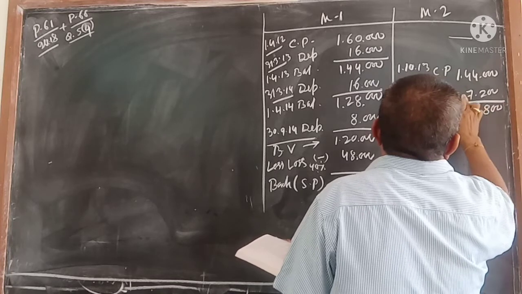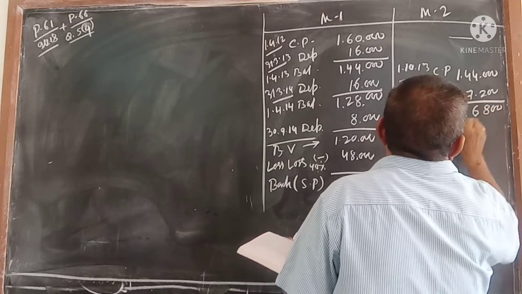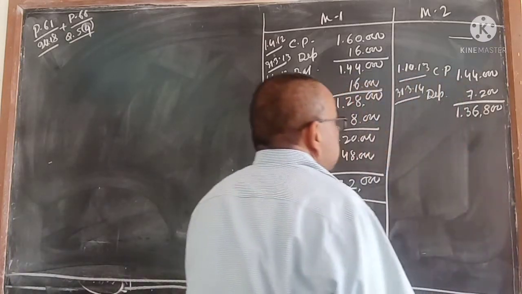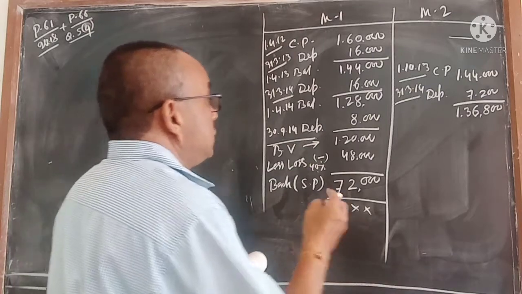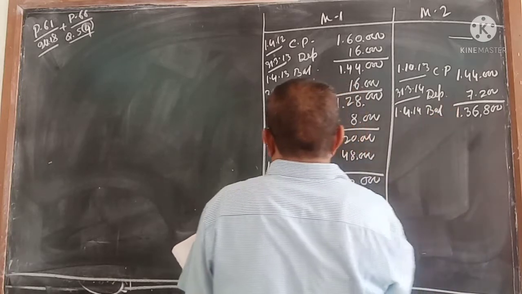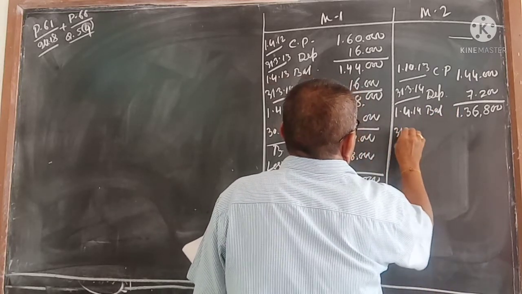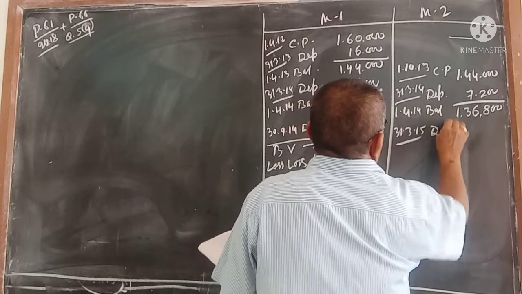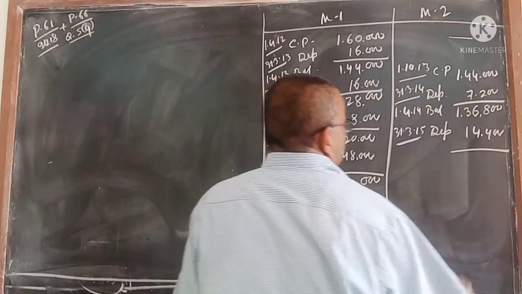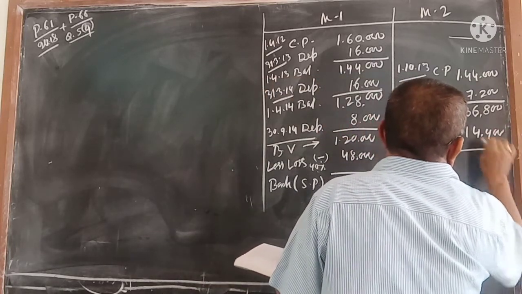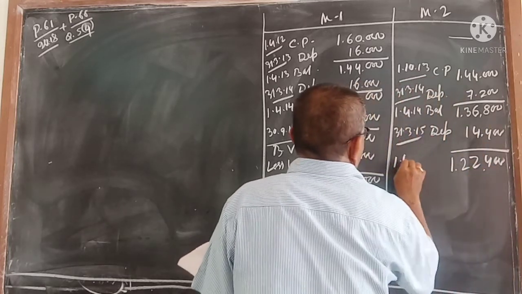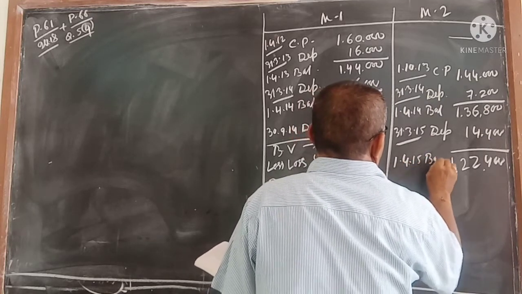So the balance on 31/3/14 is 1,36,800. After this, next one more year we will go. On 31/3/15, again depreciation, which comes to 14,400. So you are getting the balance of 1,22,400.